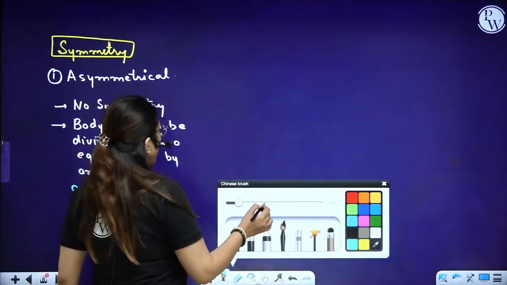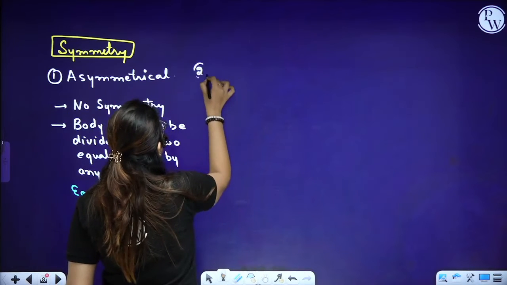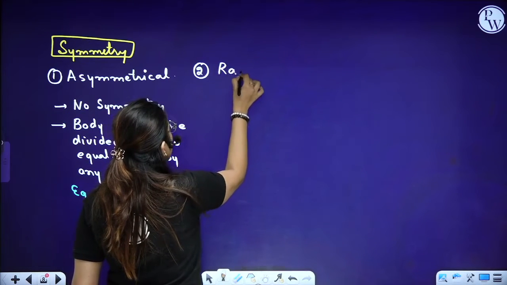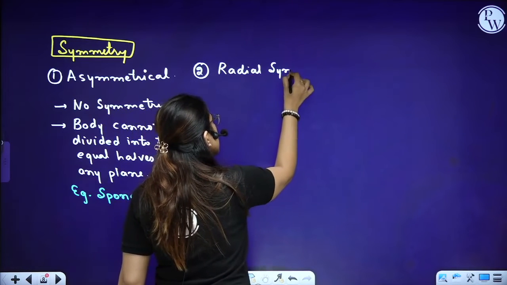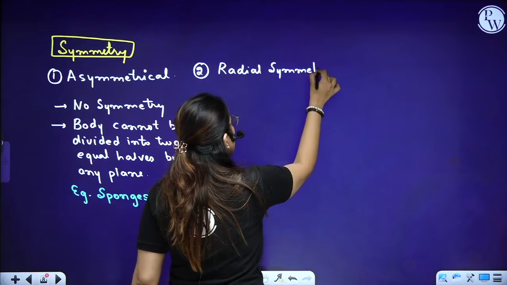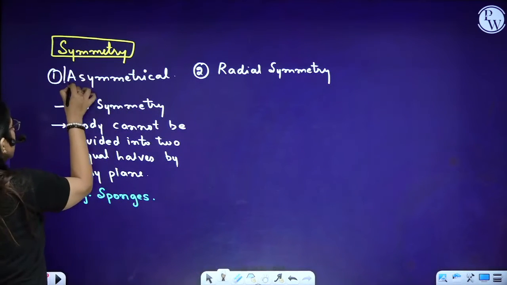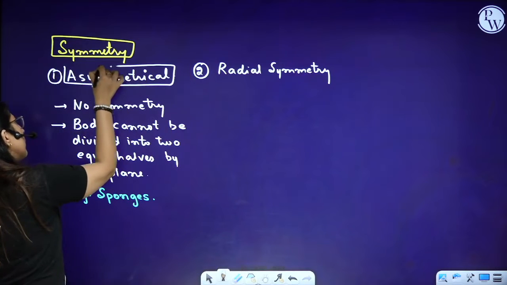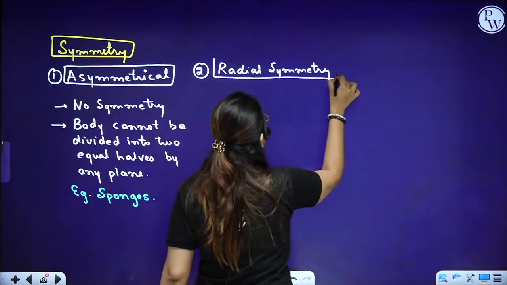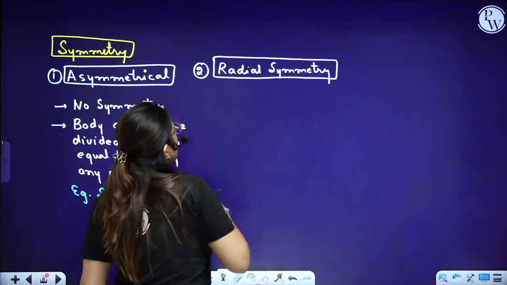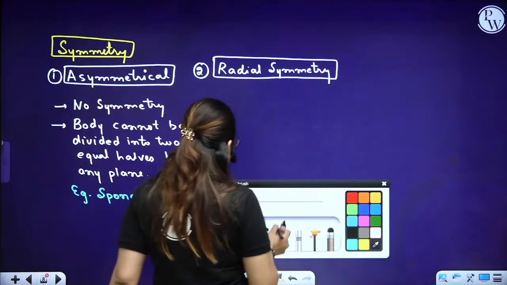Now moving on to the second one, that is radial symmetry. Radial symmetry, or radially symmetrical. You can say asymmetry or asymmetrical, radial symmetry or radially symmetrical. They are the same thing. So radial symmetry, that means what?